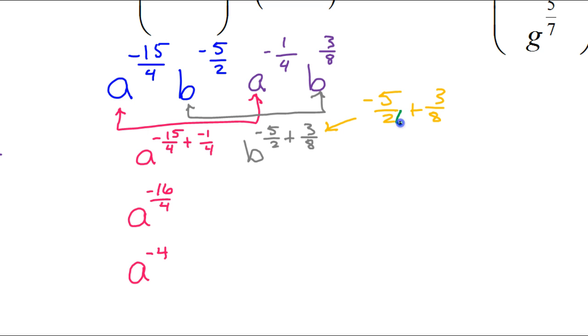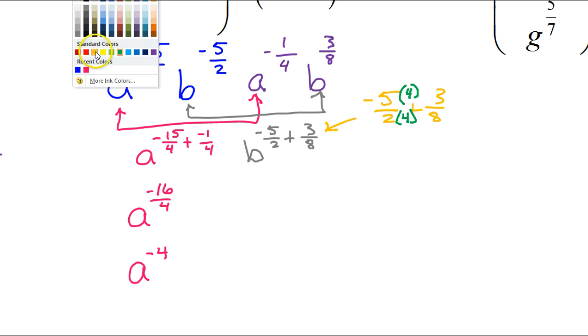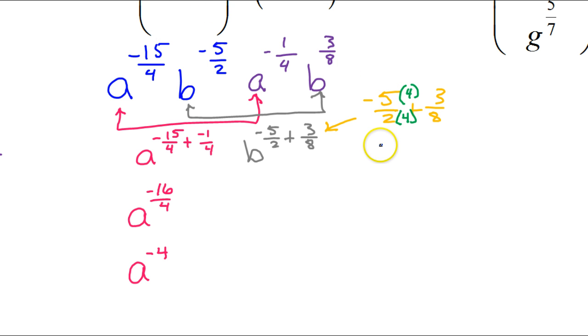So let's multiply the numerator and denominator by 4. That is going to give me negative 20 over 8 plus 3 over 8. Well, negative 20 plus 3 is negative 17, so that is negative 17 over 8. Okay, so that is what I'm going to have here on these b's.